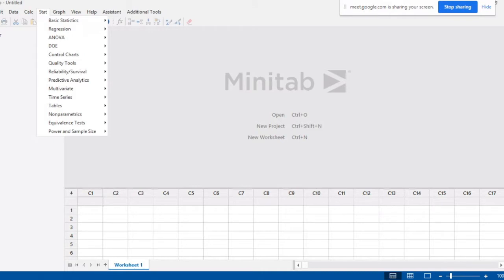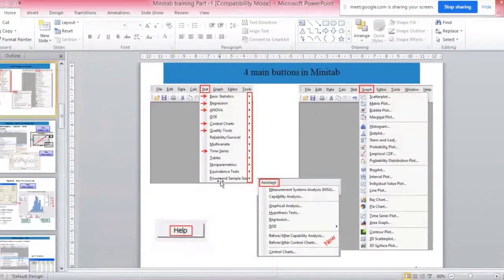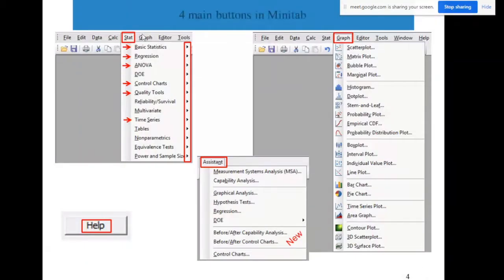The main important buttons are here. That is Stat. We have the basic statistics, regression, ANOVA, DOE, control charts, quality tools, and also non-parametric, and power and sample size.